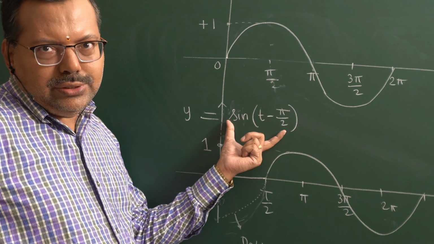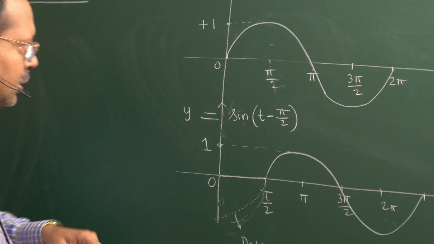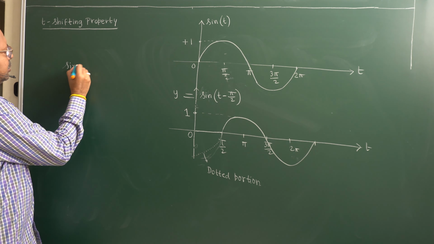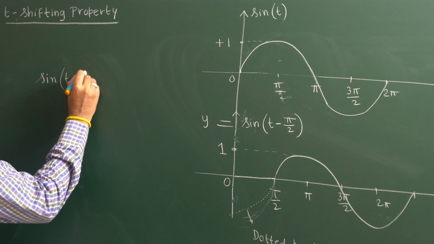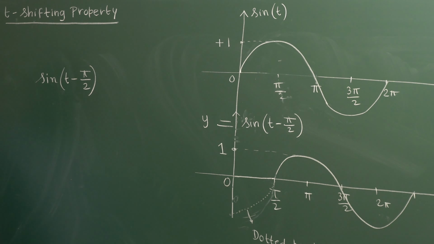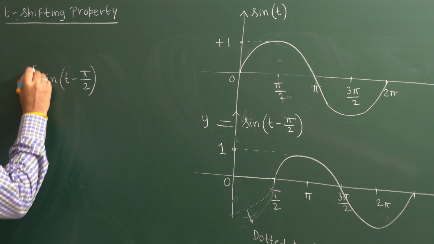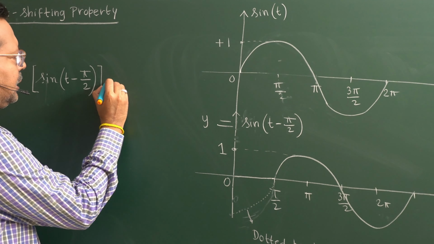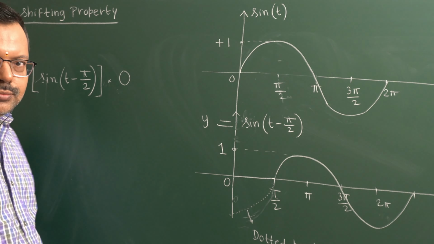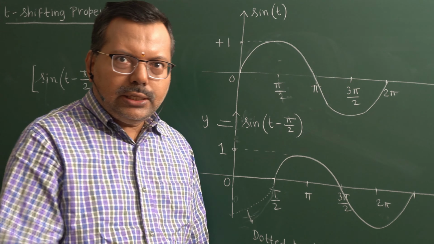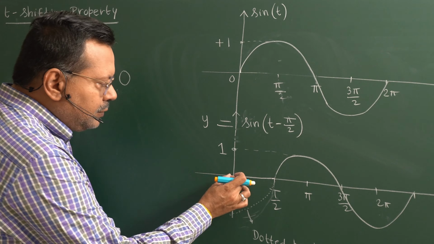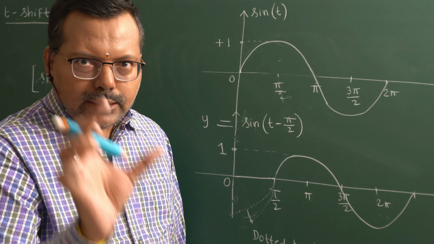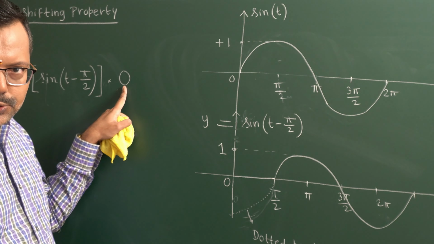This is the mathematical equation. So how do you do that? The idea is like this. The original function that we have, the time shifted function, is sine of t minus pi by 2. What you do is very simple: you multiply this by 0 mathematically. From time 0 to time 1.54 seconds, during that time you multiply by 0.